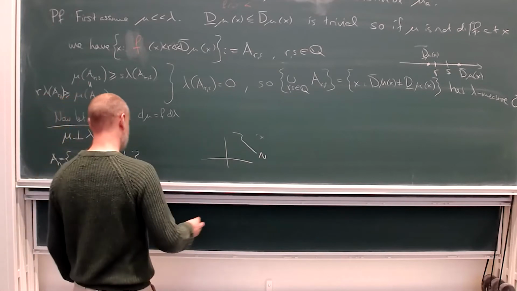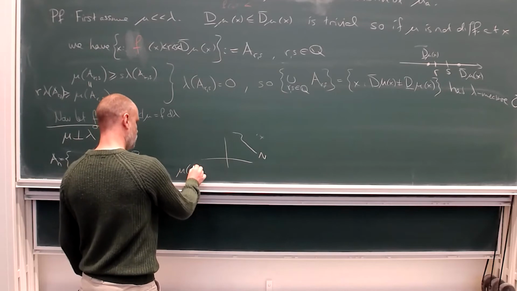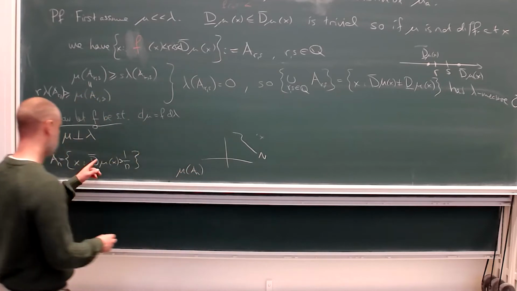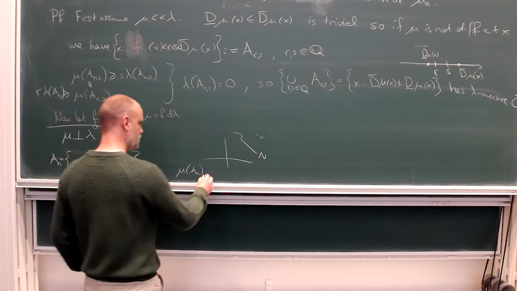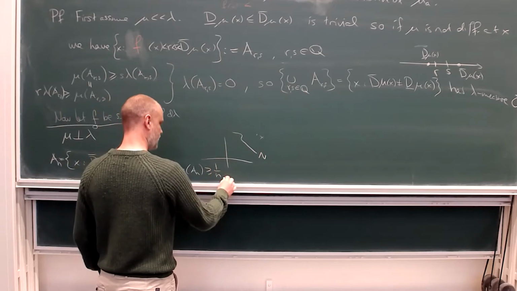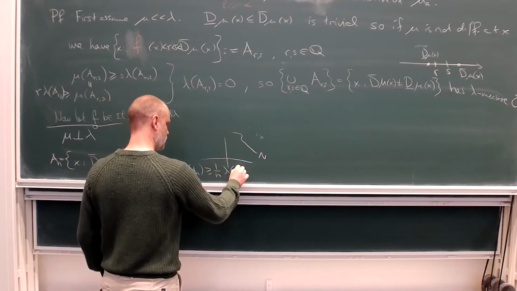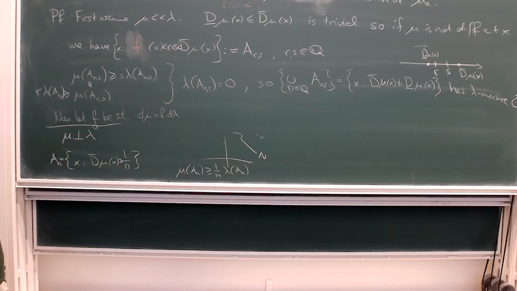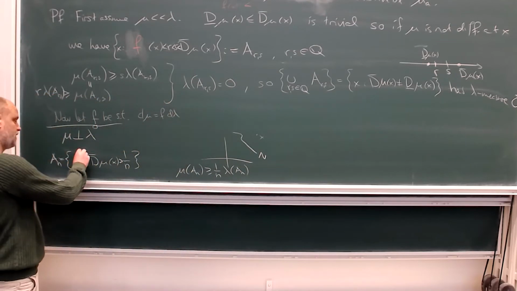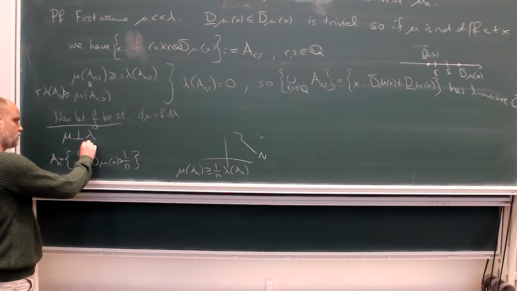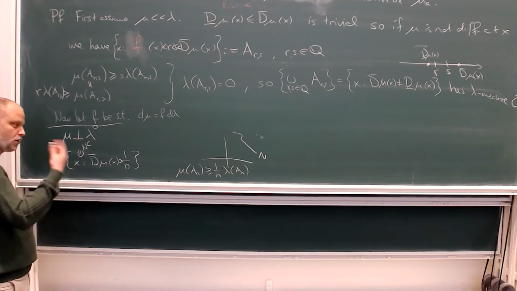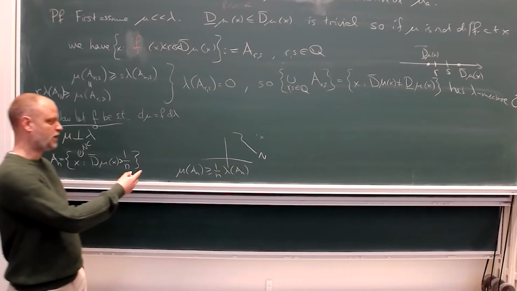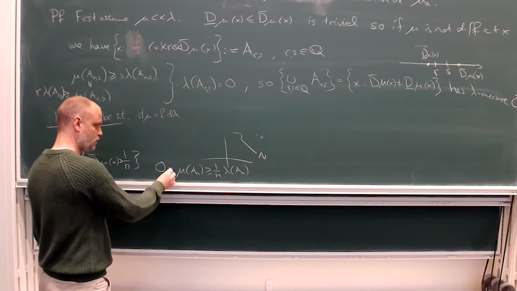Now, what is the measure mu of A_n? Well, this guy is bigger than that. So here we have 1 over n times the Lebesgue measure of A_n. And I forgot to say that we consider here x in the complement, of course, right? And now this guy here is 0.